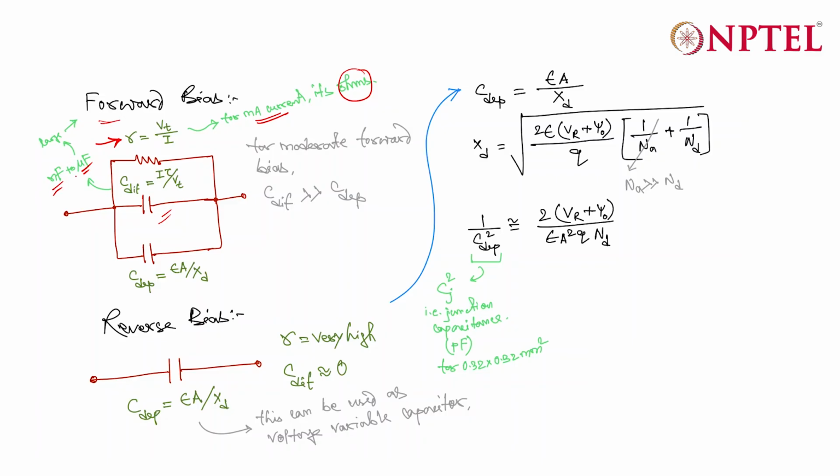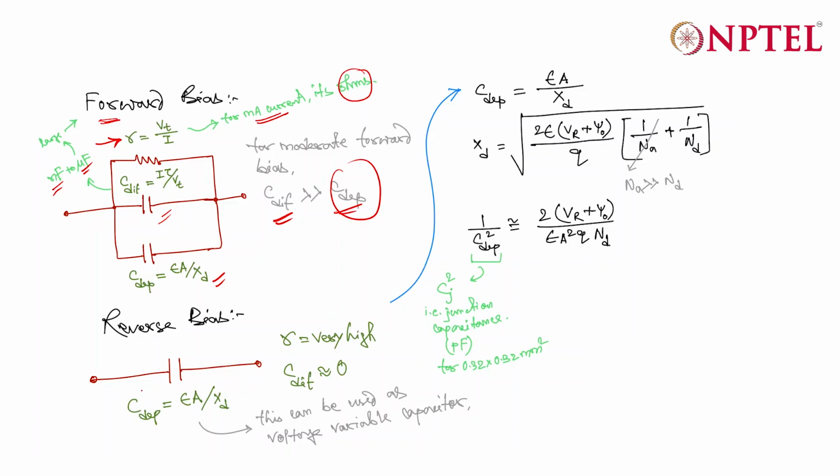So usually it is between nanofarad and microfarad based on the forward bias applied. And then you have a depletion capacitance which is epsilon A by Hd. Now if the forward bias is moderate in nature, then your diffusion capacitance is much higher than depletion, so you can neglect the depletion capacitance. However, there is a depletion capacitance present in the system.